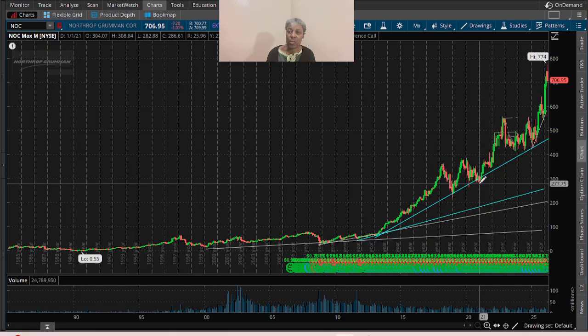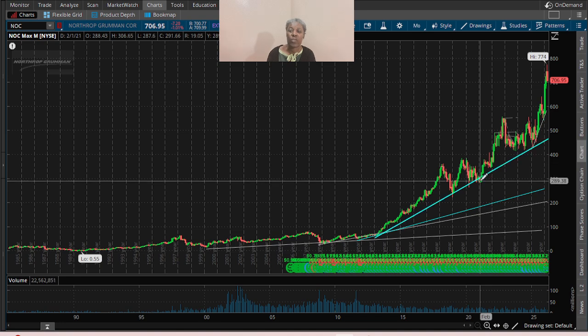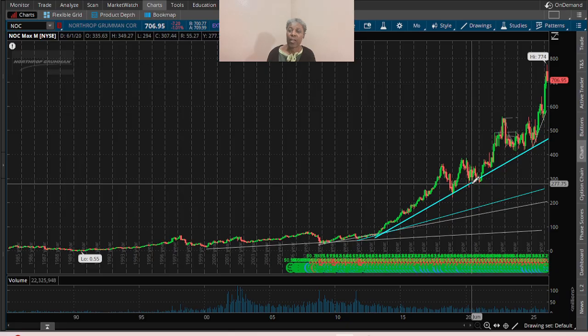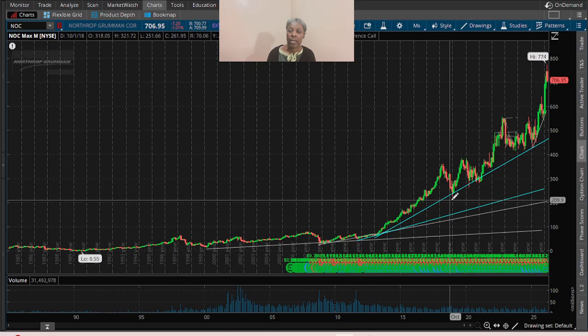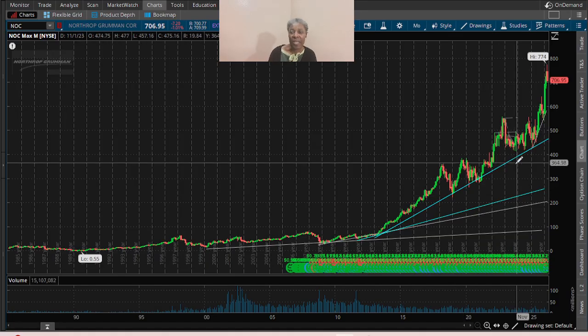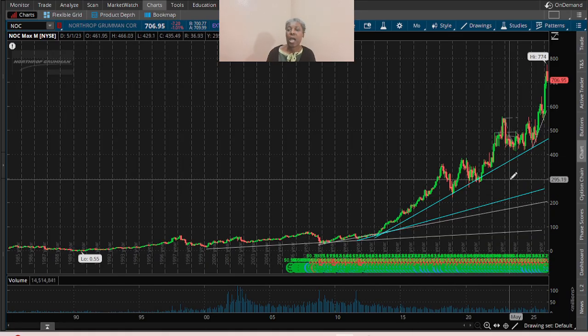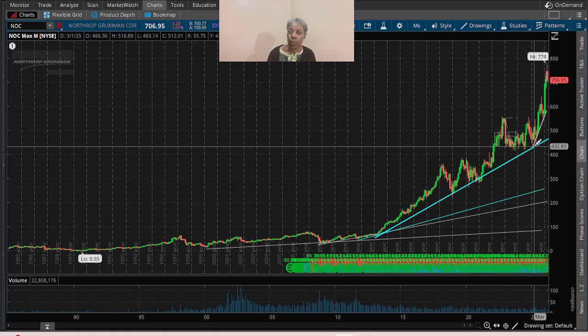The price corresponding to this bottom V is higher than the price corresponding to the bottom of this V, which is in turn higher than the price corresponding to this. So the line passing by those bottoms is going to be tilted upward.